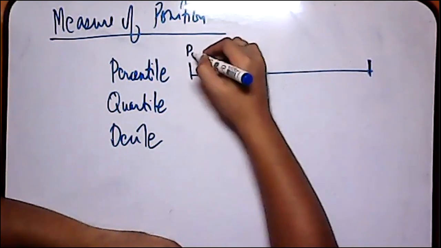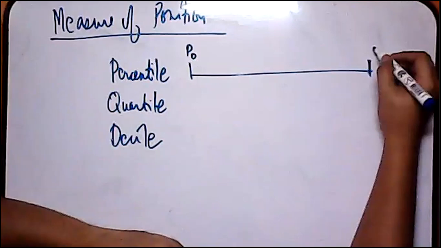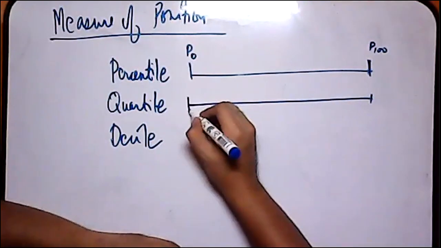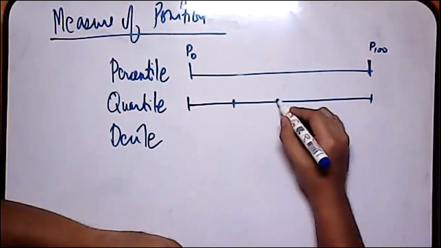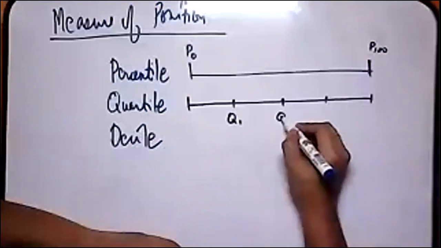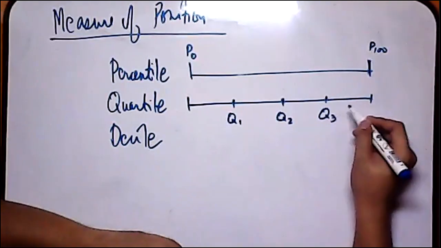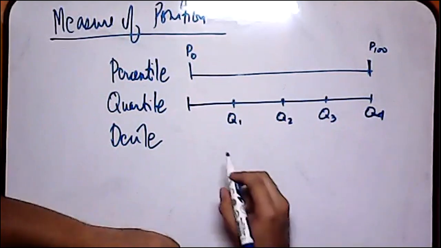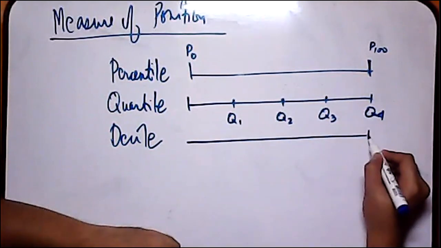So, we have percentile 0 to percentile 100. Sa quartile naman, 4. So, we have quartile 1, quartile 2, quartile 3, and quartile 4. Sa decile naman, we're dividing it into 10.